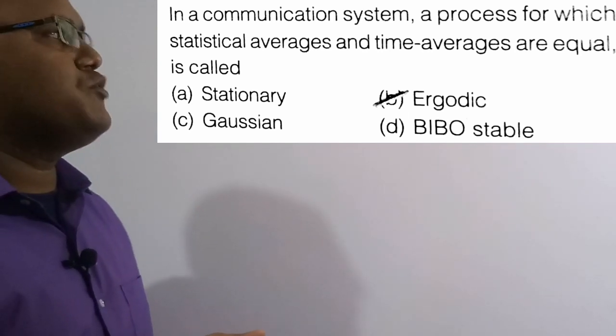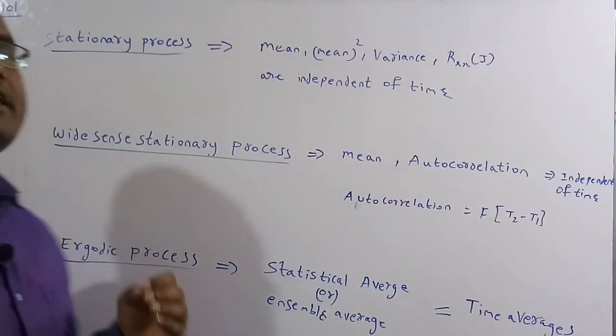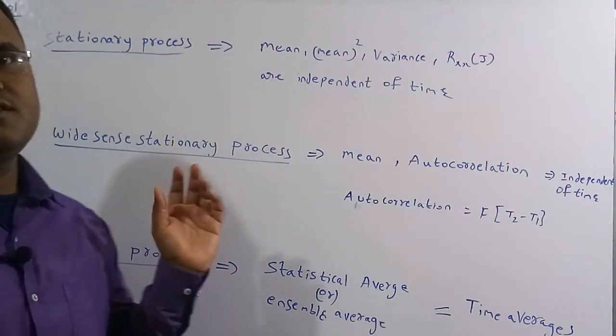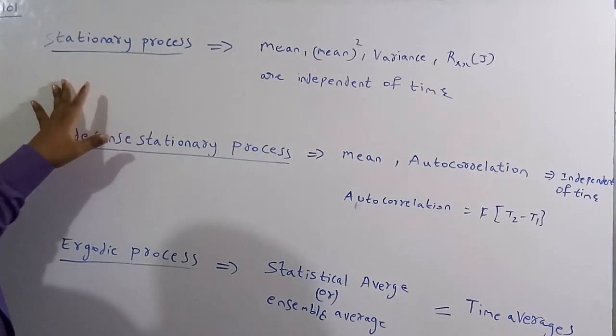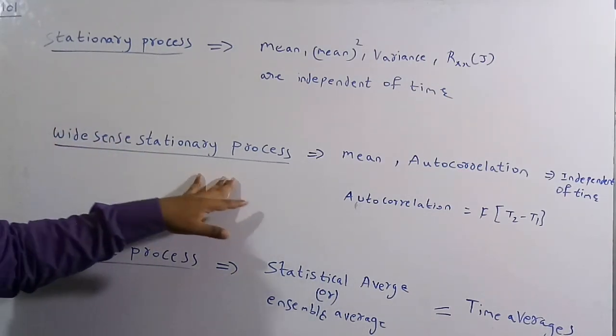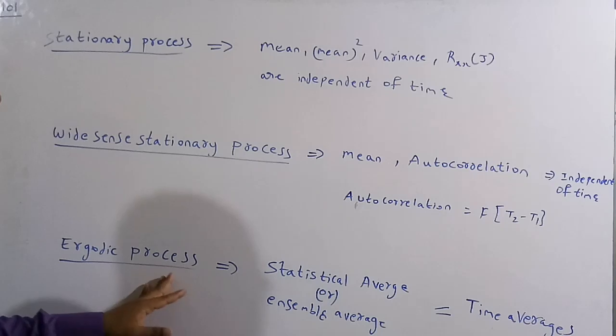So let's discuss some more facts about this. In a communication system, basically there are three processes. The first is the stationary process, the second is the wide sense stationary process, and the third is the ergodic process.